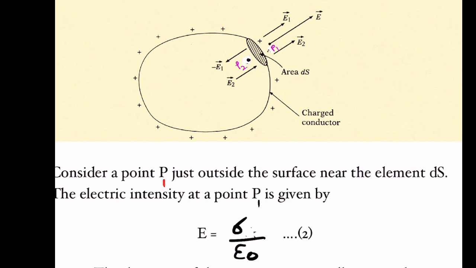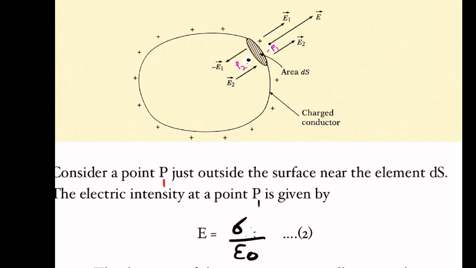Therefore, the directions of E1 and E2 must be opposite for obtaining net field 0. This whole charge produces the electric field along this direction. Consider along this direction, and therefore due to the charge on area ds, the electric field is along this direction.